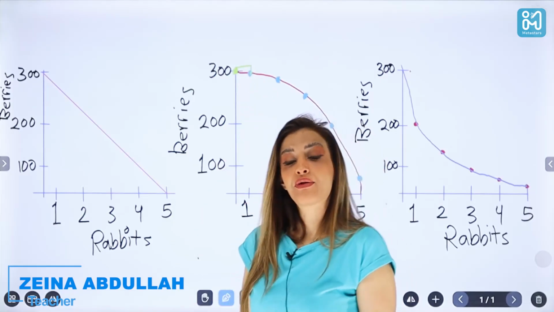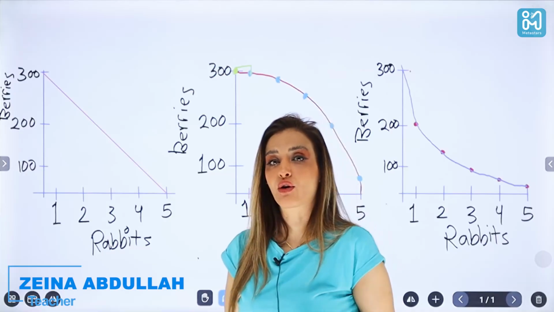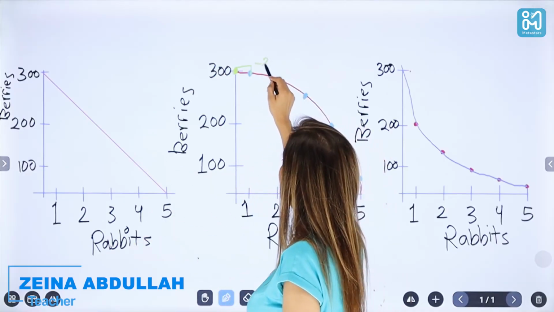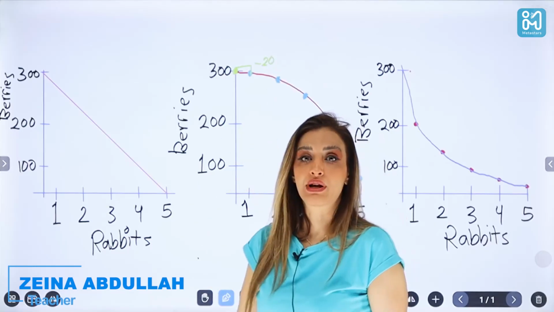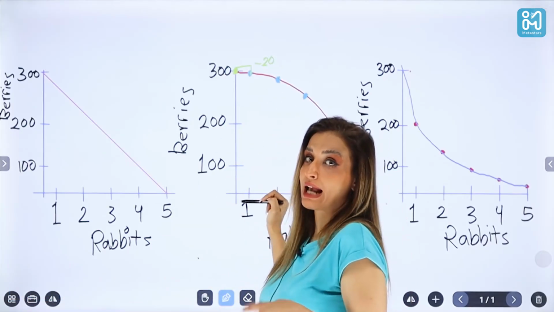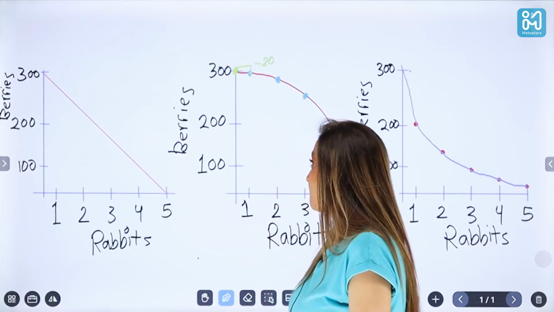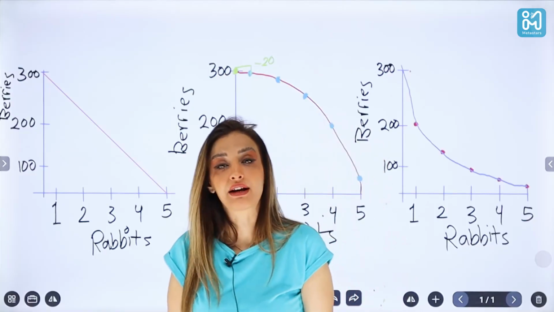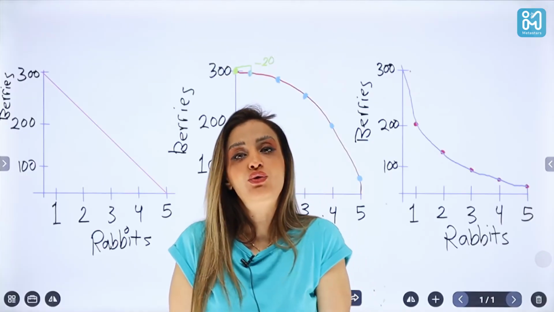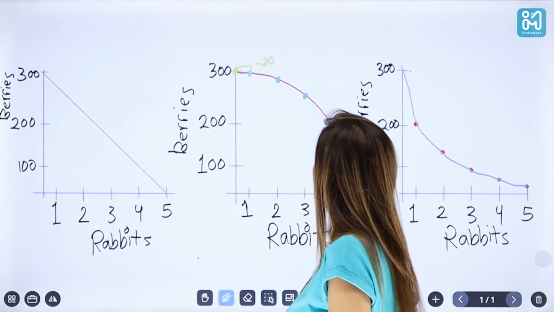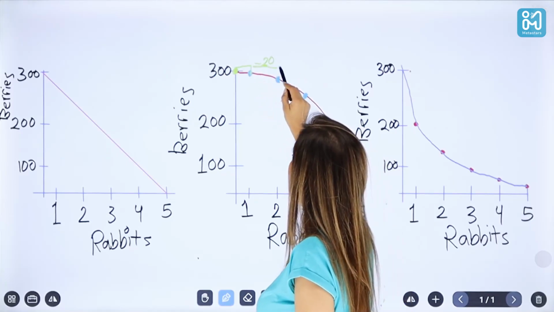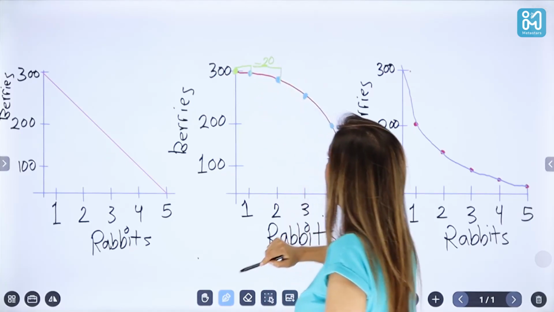Let's suppose that you give up 20 berries, and on the other side, you catch one rabbit. Then you decide to catch 2 rabbits now, so you're moving from this point to this point.